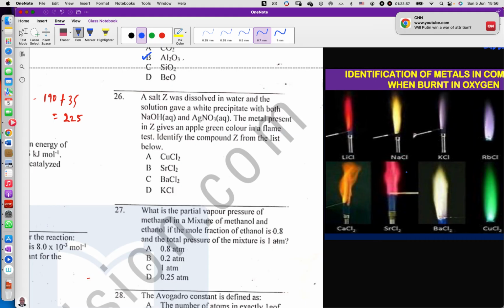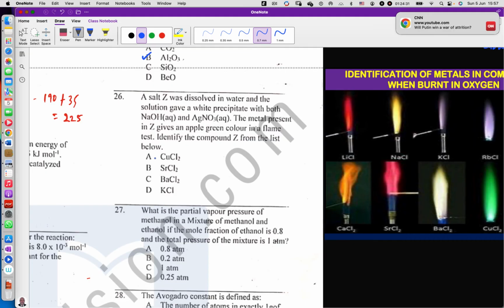But now that we have been told that it has a white precipitate, we are now talking of a halide, a chloride. So now it cannot be C, it cannot be B, it can only be A, because only copper 2 ion gives an apple green color.